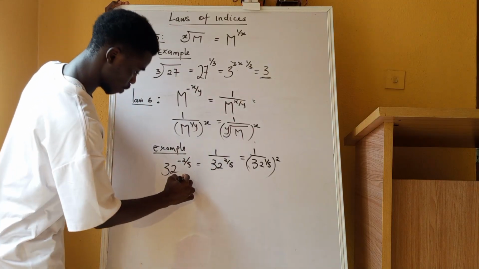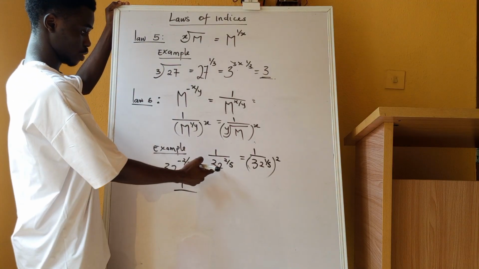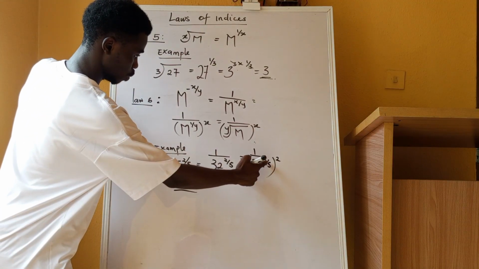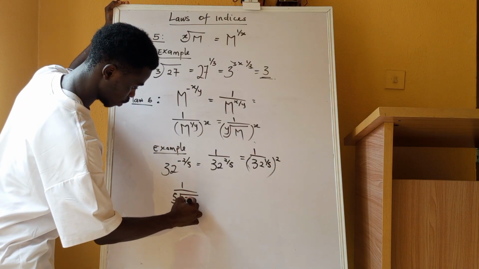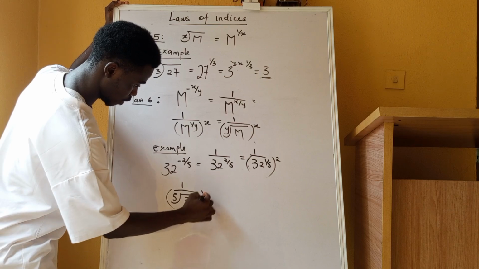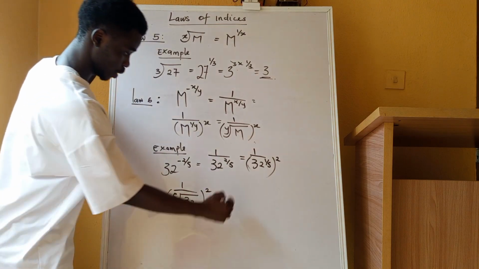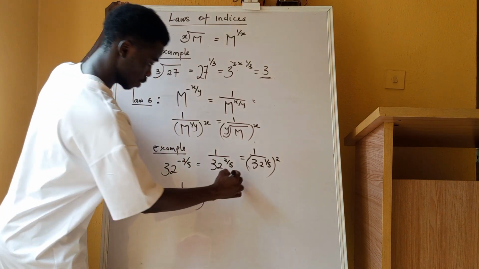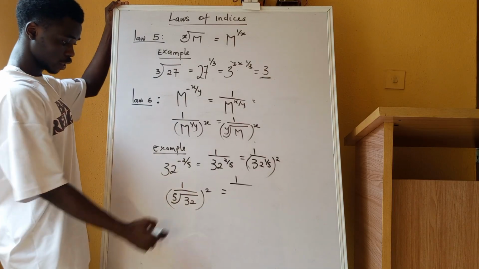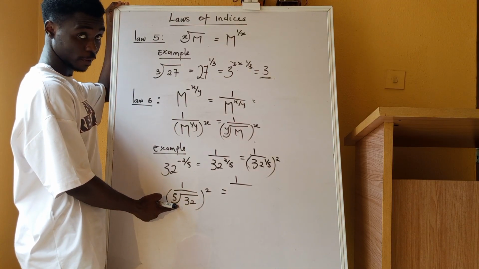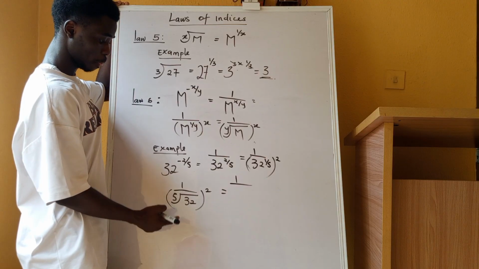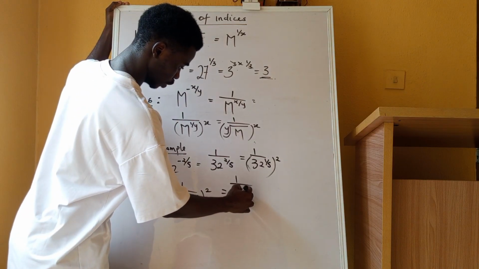So next is 1 over 32, 1 over 5 means the fifth root of 32, everything to the power of 2. So this is equal to 1 over the fifth root of 32. That means a number that multiplied 5 times will give me 32. What is that number? Which is 2.